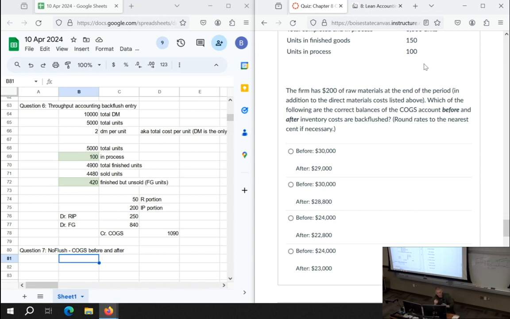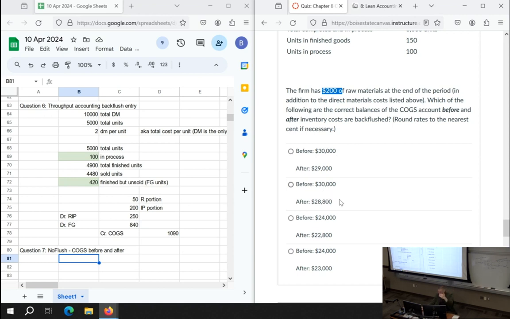Think about the logic. We want RIP to include this raw materials cost, debiting it over to RIP. And if you get that wrong, you don't include it, then you get the answer wrong because you made the RIP debit lower than it needs to be. You didn't include the portion of RIP. Well, if you increase the debit to RIP, you also have to increase the credit to COGS when you're backflushing, which means that by incorporating this $200, you actually need to reduce COGS by $200 more.